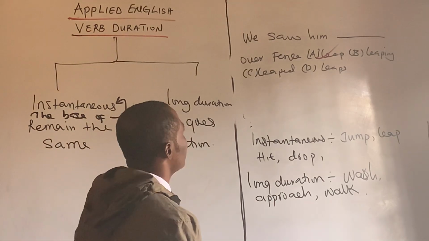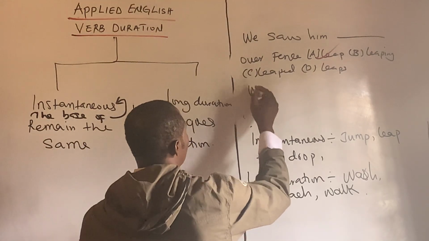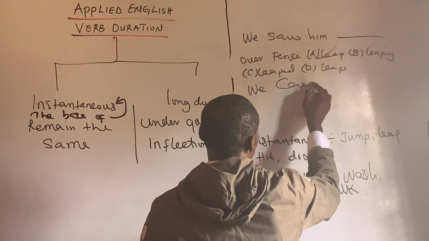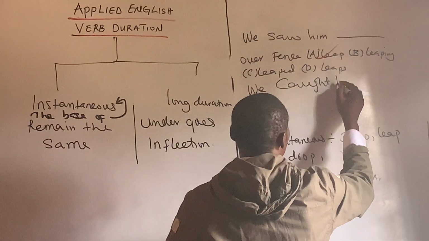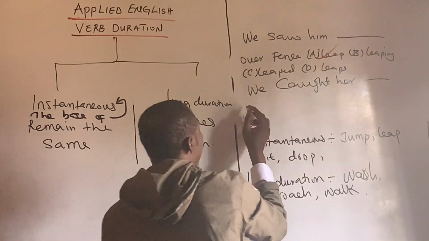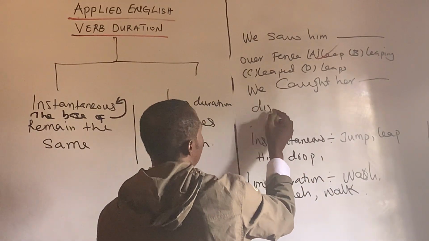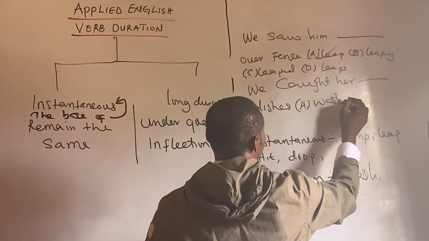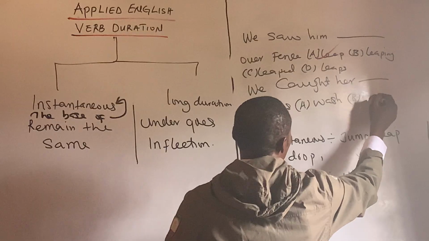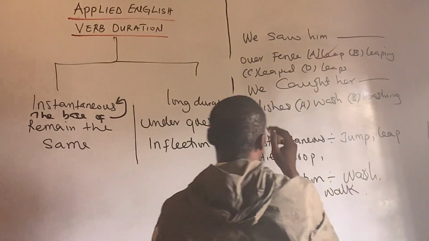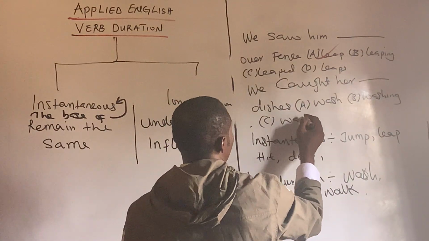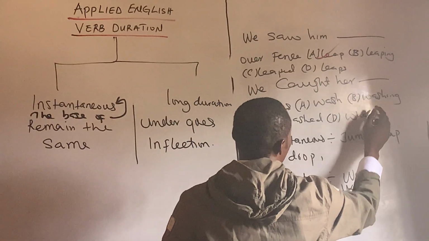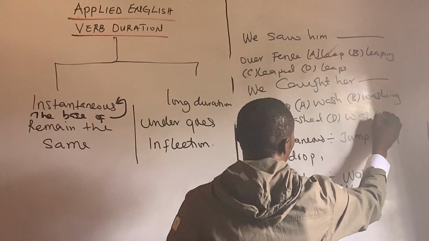Let me give you another example. We caught her dash dishes. A, wash. B, washing. C, washed. And then D, washes.